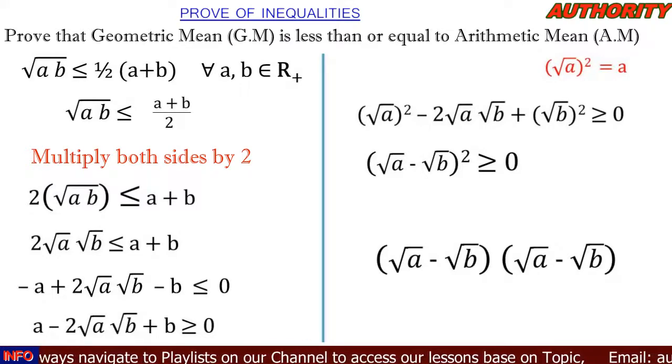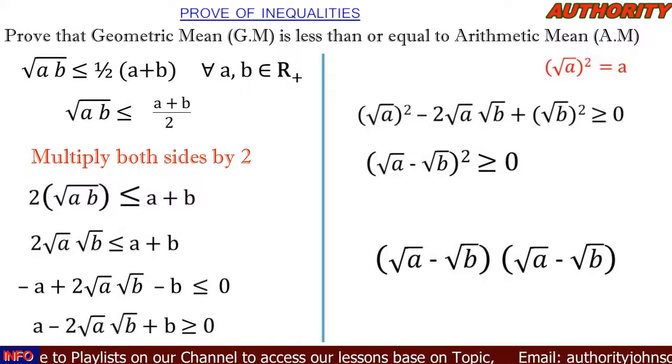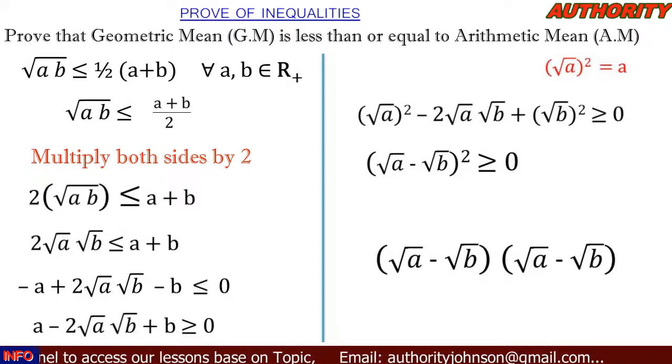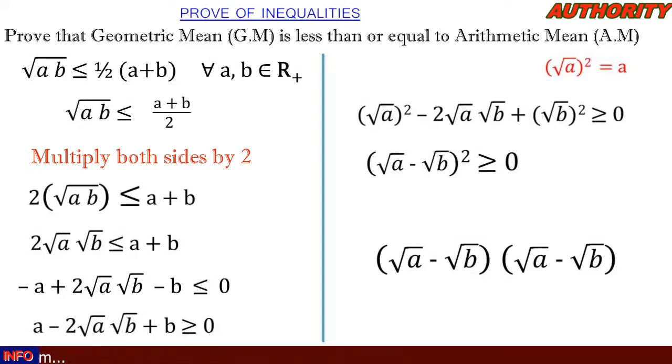You know why we say it's greater than or equal to 0? Initially we say that A and B are positive real numbers. The square of any positive real number must be greater than or equal to 0.